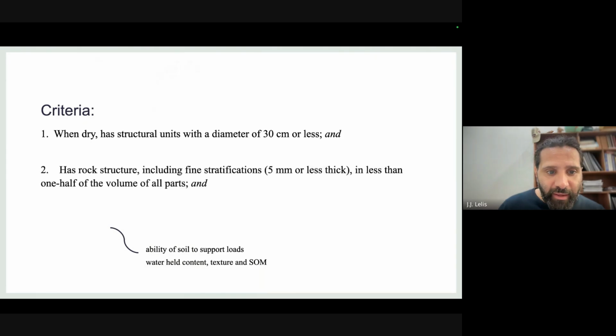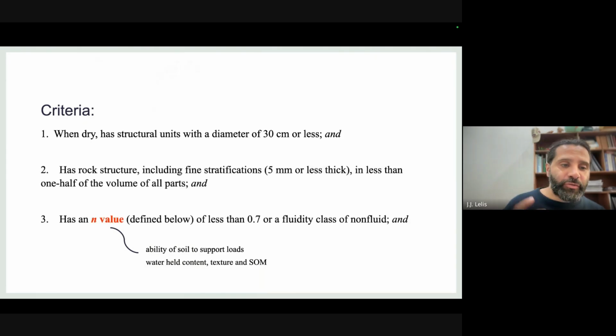And as I said, the criteria to identify an anthropic horizon. Now we are talking about diagnostic horizons. And all diagnostic horizons need criteria. That specific soil that you stand, you describe, and you sample needs to follow some criteria.